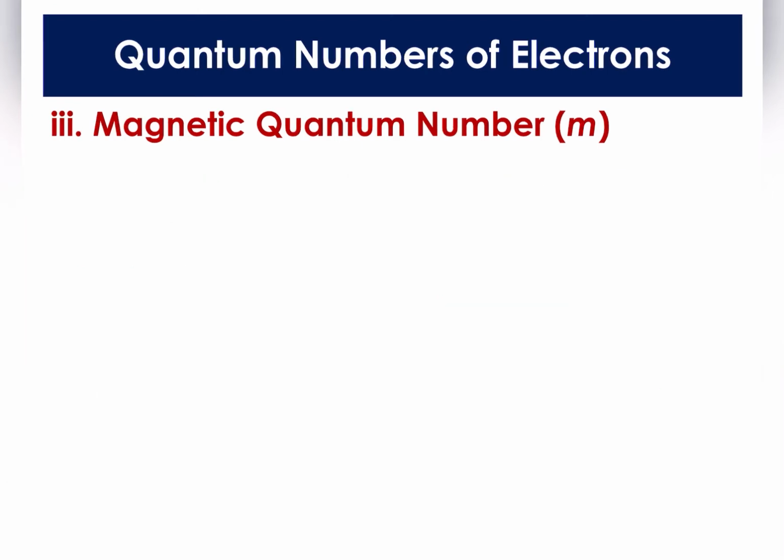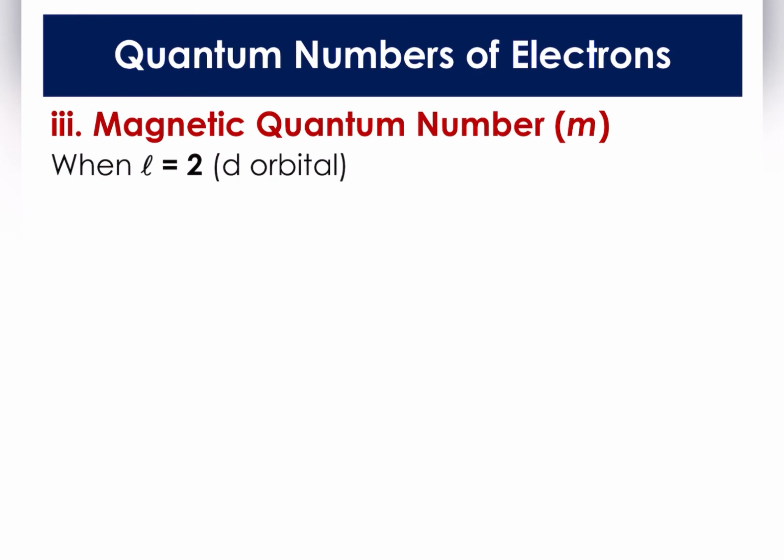So how to do that? Kita ada one example here where I'm going to teach you how to determine the M value, magnetic quantum number. So first thing first, as I mentioned before, it depends on value of L. So for example, I put when L equals to 2.